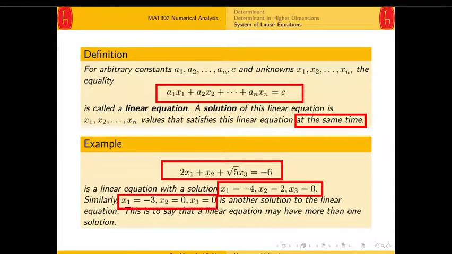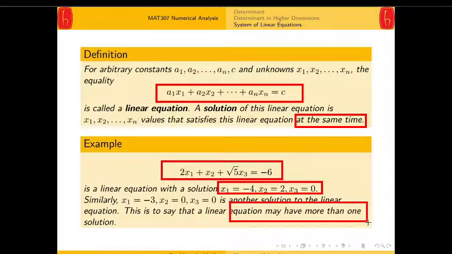Also, if we substitute -3 for x1, this will be -6 times... plus 0 plus another 0 will give us -6. -6 equals -6, so this is also a solution. This means a linear equation may have more than one solution.